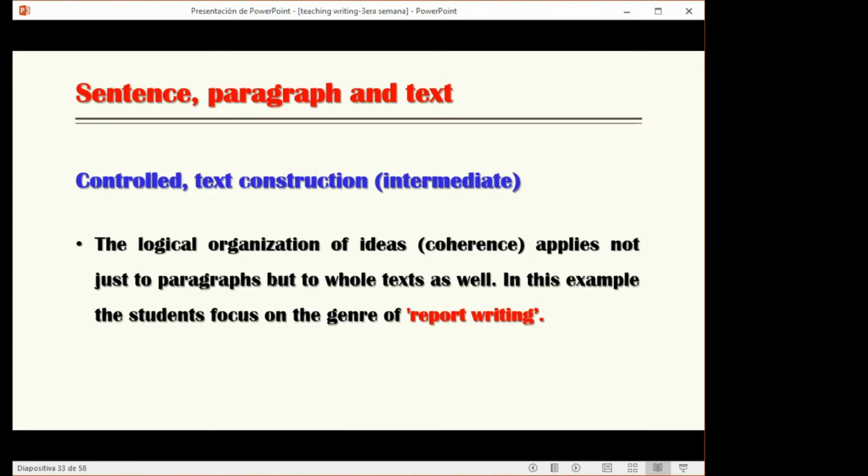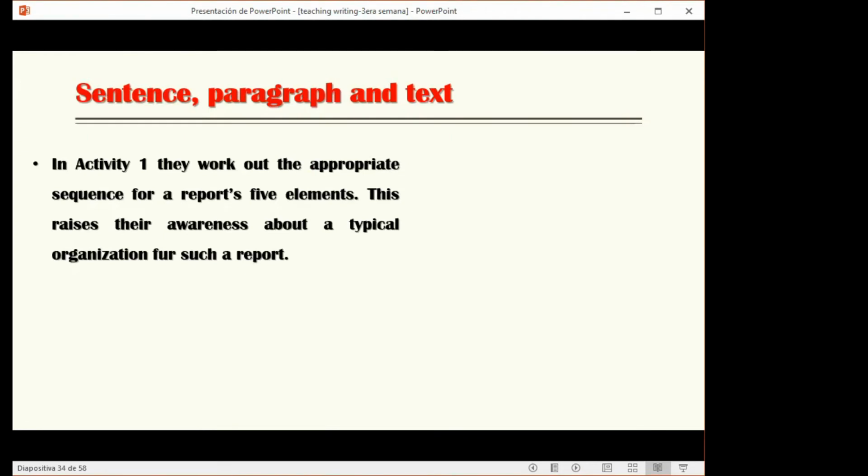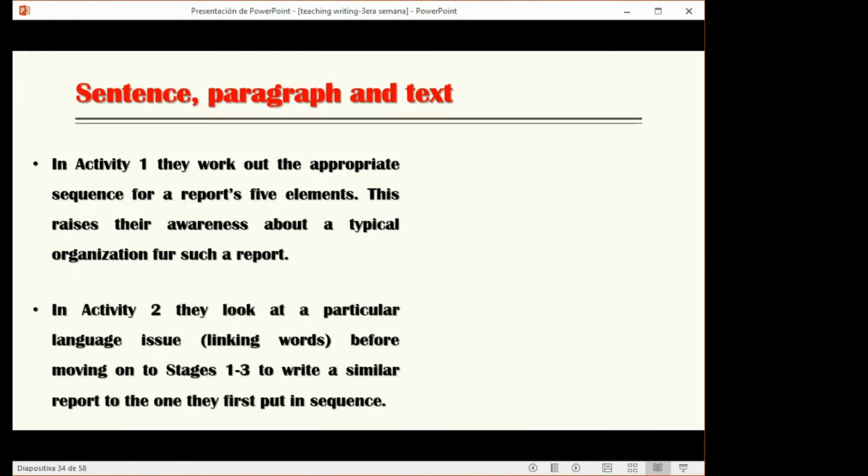So here they are going to identify the organization of ideas related to the genre, the type of text. And this time, it is report writing. Notice how they are going to construct a text, a genre. In activity 1, they work out the appropriate sequence for a report's 5 elements. This raises their awareness about a typical organization for such a report.